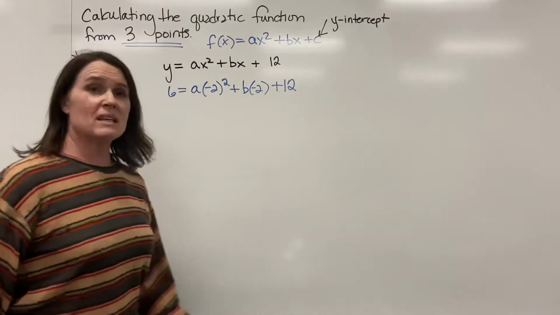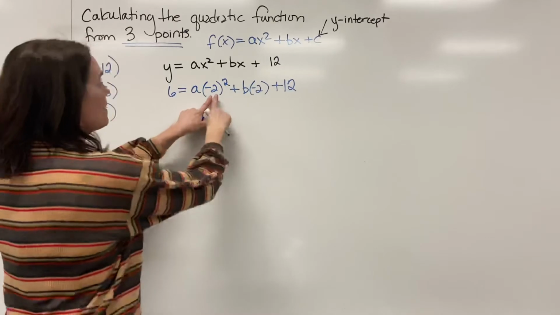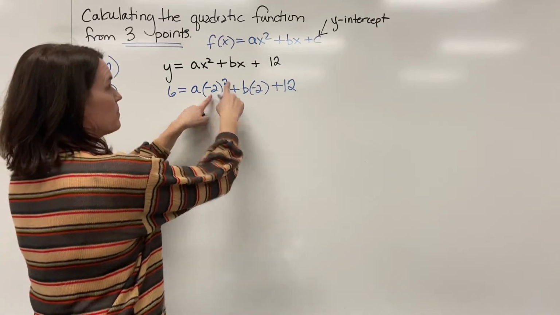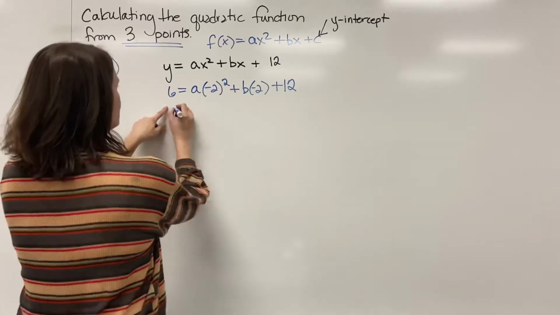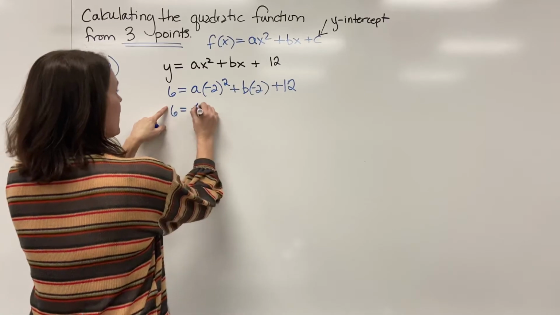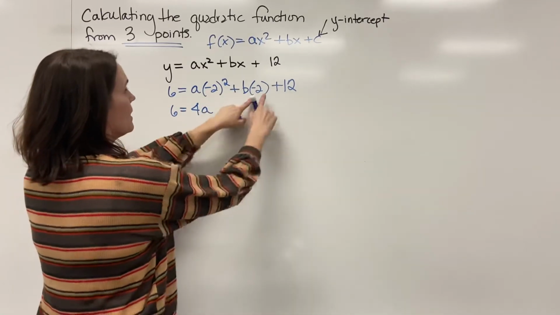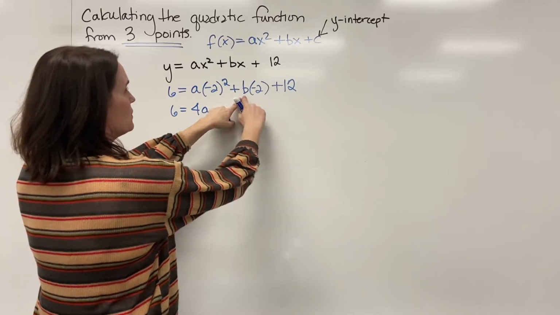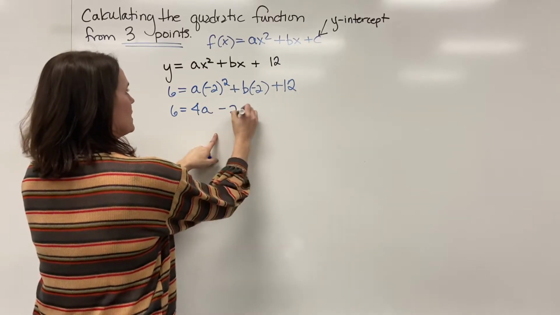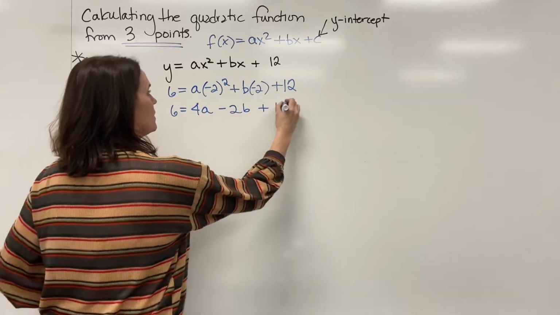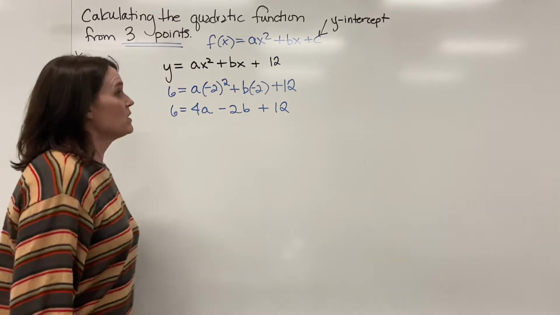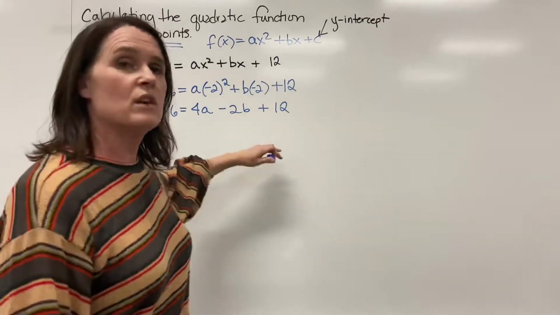All right, so now I'm just going to simplify. I have -2 squared is 4, so 6 equals 4a minus 2b, because -2 times b is -2b, plus 12. Okay, so step number 1 complete is I have one of the equations simplified.